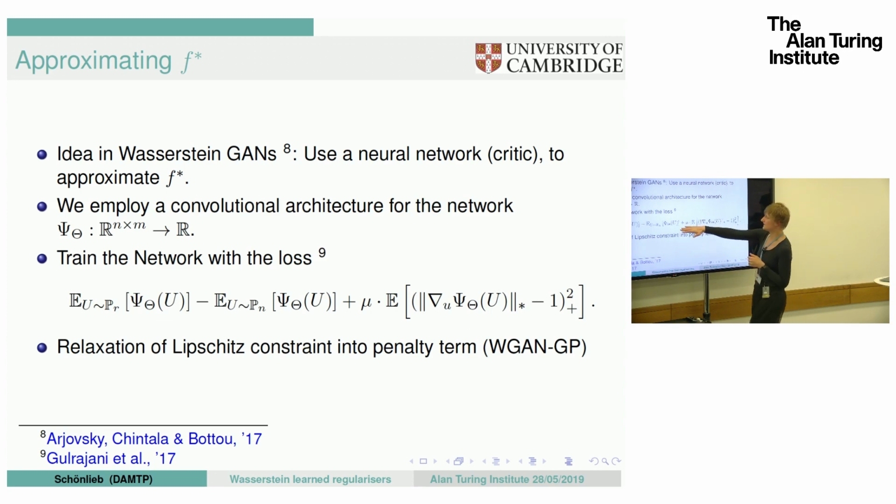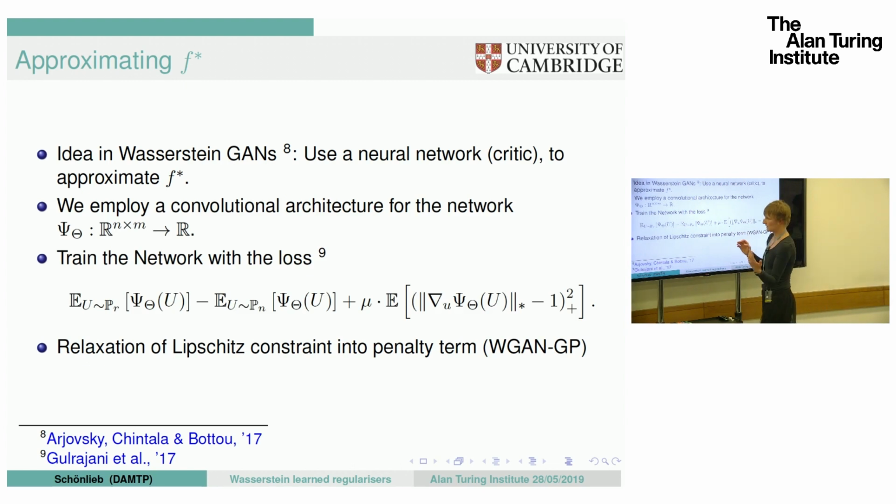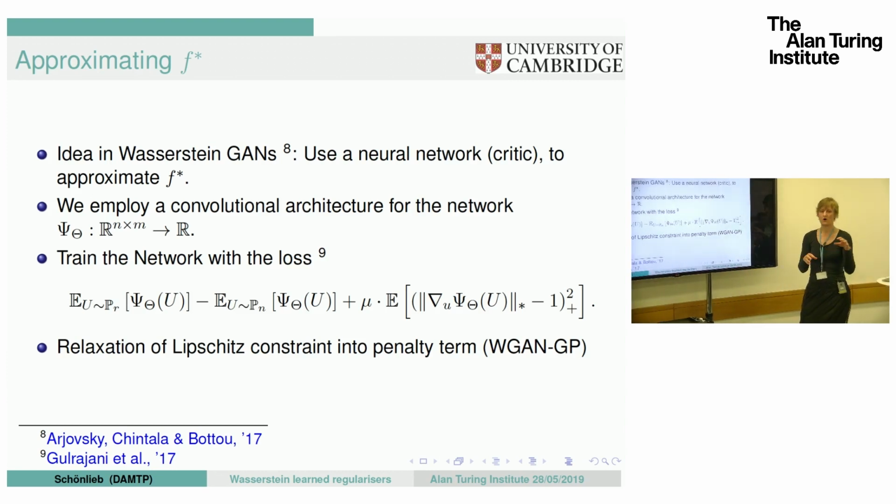But the idea roughly is that I'm approximating the maximization in my Wasserstein distance over all one-Lipschitz functions. I'm replacing this by maximizing over all functions that can be represented by a particular type of neural network, parameterized by theta, that fulfills this one-Lipschitz constraint approximately.